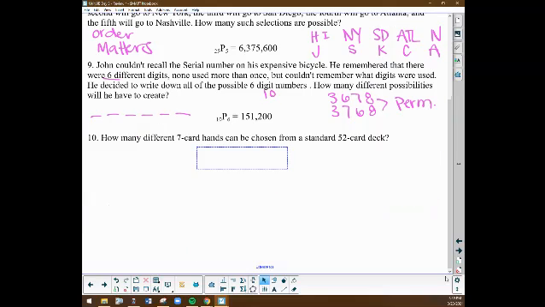Okay. Last one. How many different 7-card hands can be chosen from a standard 52-card deck? If I have a hand of cards, does it matter if I have a king, an ace, a 3, and a queen in my hand? Is that different than having an ace, a 3, a king, and a queen in my hand? Are those two different? Well, think about it.